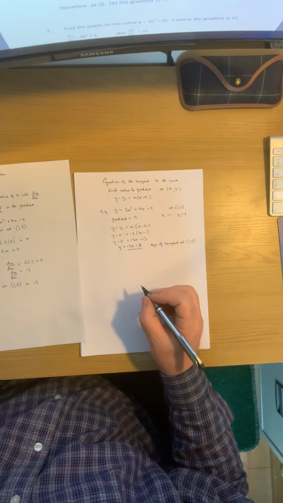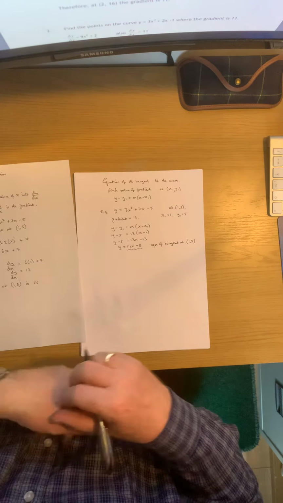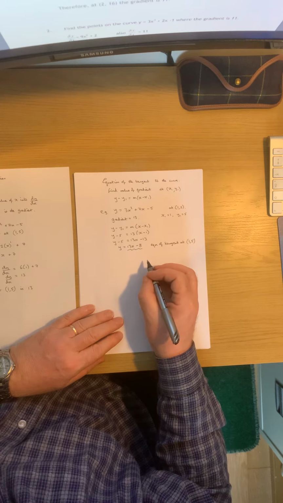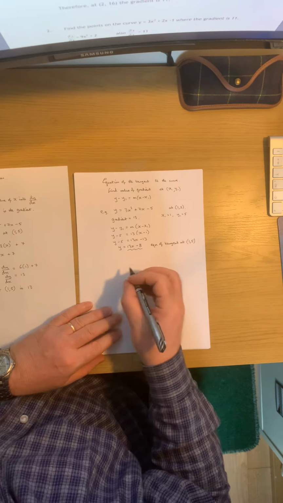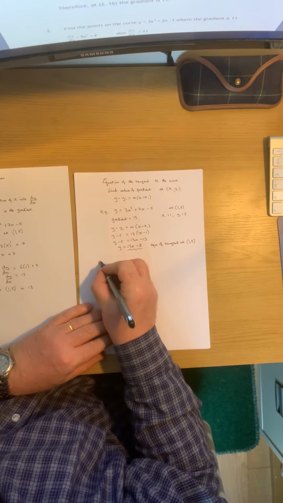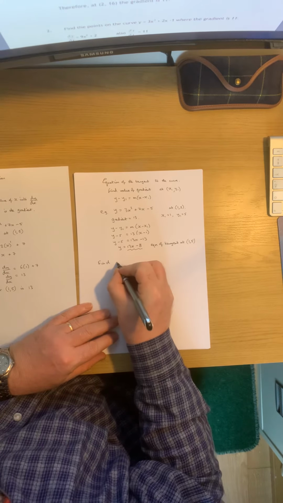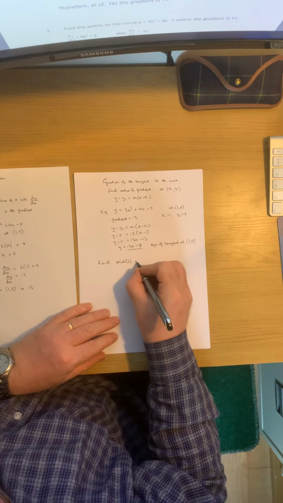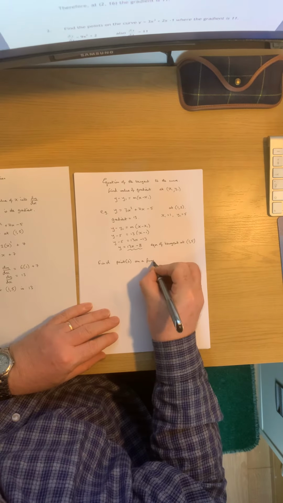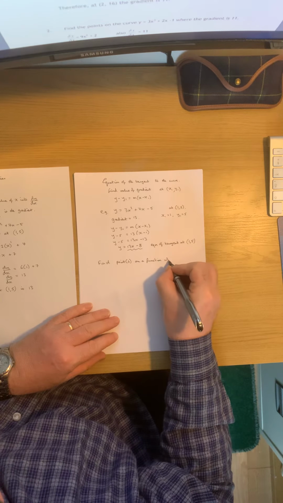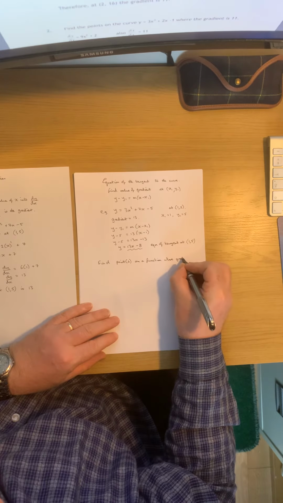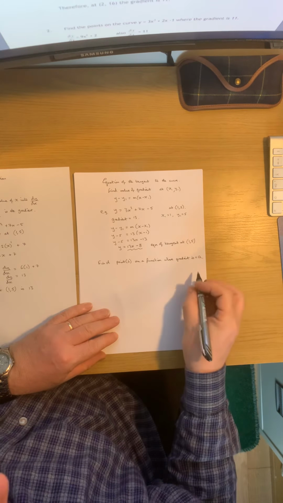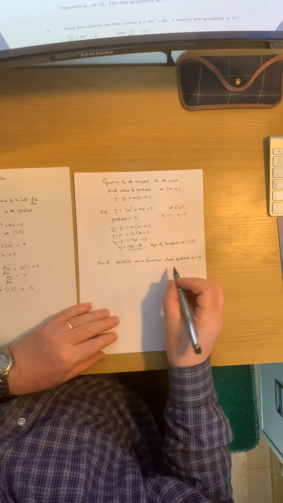So the process of working out the tangent really just follows our standard straight line equation work that we've been doing. Another thing that we can look at is we want to find a point or points on a function or a curve where the gradient is equal to a, so say a is 10 or something like that.